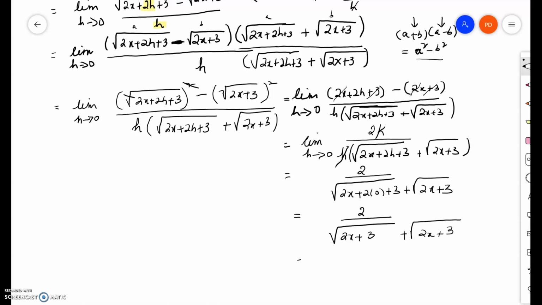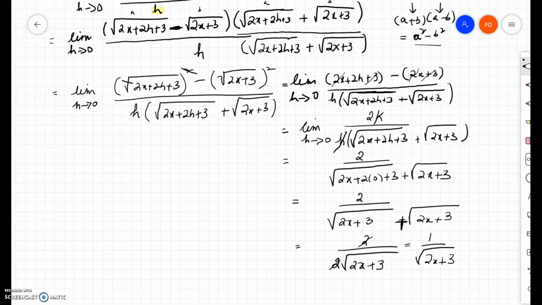That is equal to 2 over, we have 2 of the same type, and remember we are adding them together. So it's 2 of radical 2x plus 3. The 2's get cancelled, and we have a 1 in the numerator and radical 2x plus 3 in the denominator.